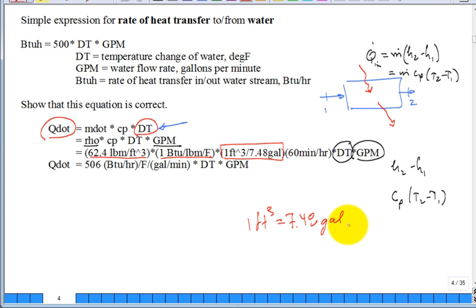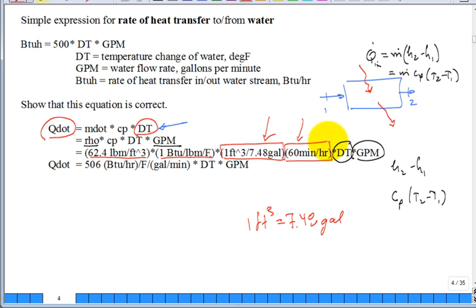You could actually pour 7.5 gallons into a cubic foot. There's a lot of volume in a cubic foot. And then what is this one? It's even easier. So really there's only 2 unit conversions. You have to know the density of water, and you have to know the specific heat of water, and the first law of thermodynamics, and you got it.